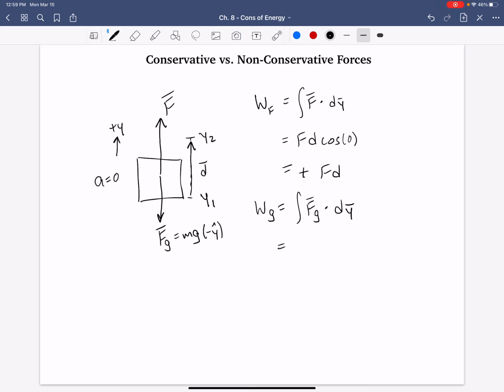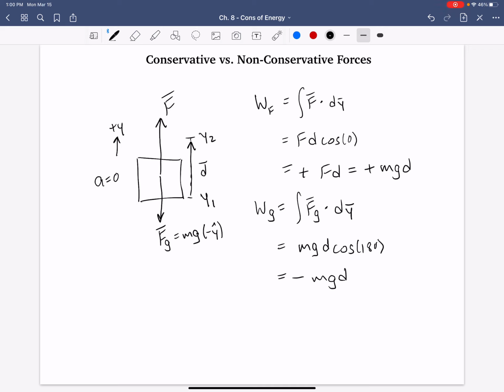The magnitude of gravity is mg, and if we integrate dy, we get the total displacement d, and the cosine of the angle in between. Gravity is pointing down, but the displacement is going up, so that is an angle of 180. And so this gives us an overall work that's negative mgd. And because of Newton's third law, we can go up here and say the work done by the applied force, our hand, is the same, so mgd.